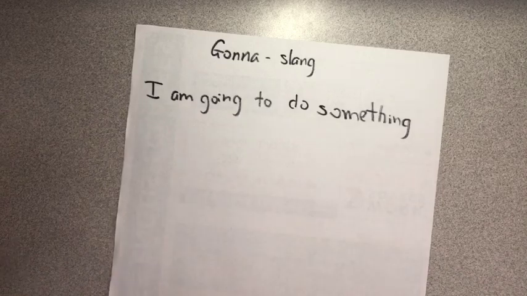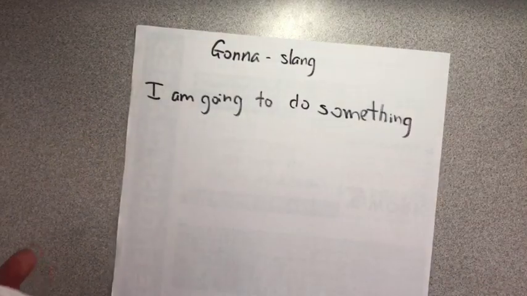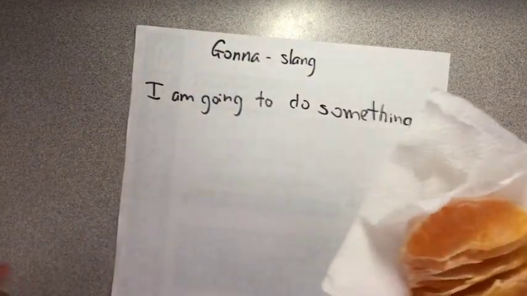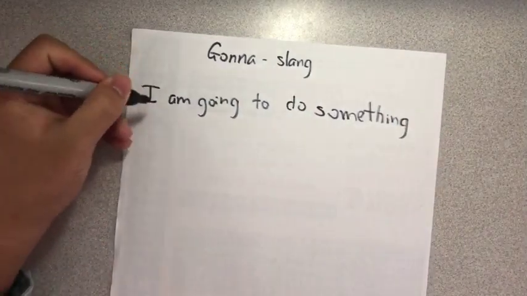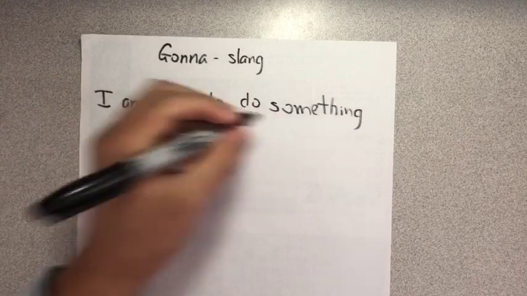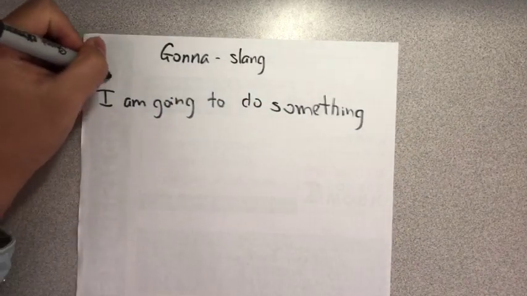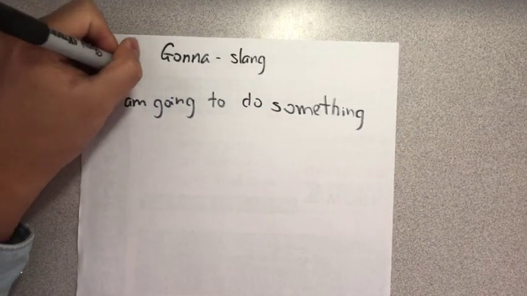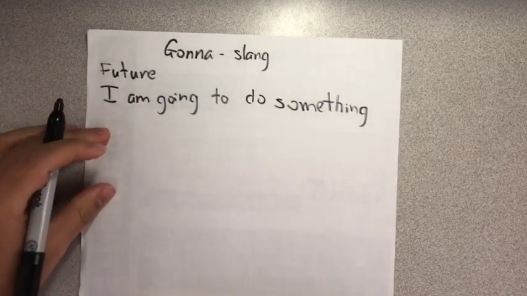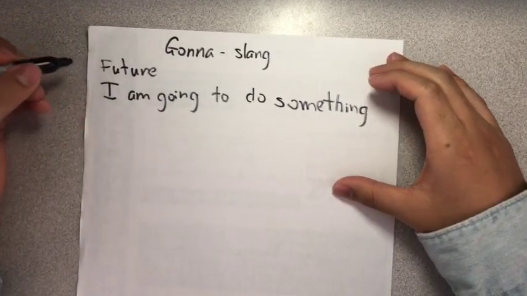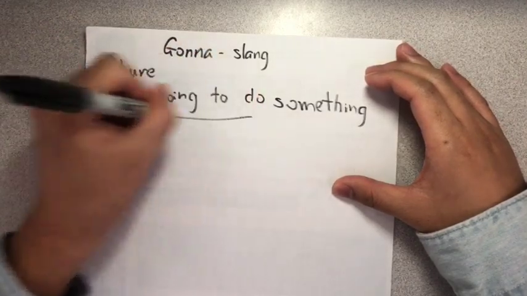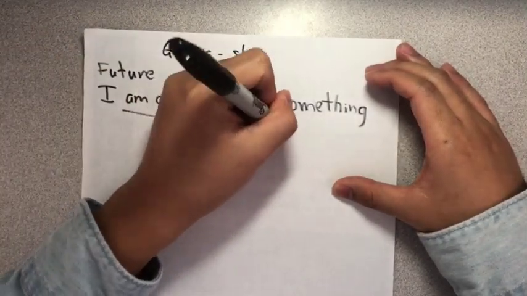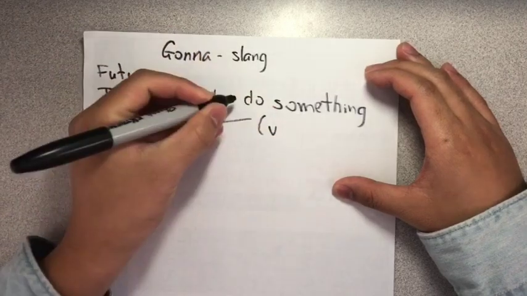So, we know this sentence. My mom gave me oranges. Okay, anyways. We know in this sentence, it is I am going to do something. This is in the future tense. I'm going to do something because we know going to do something, because do is a verb.